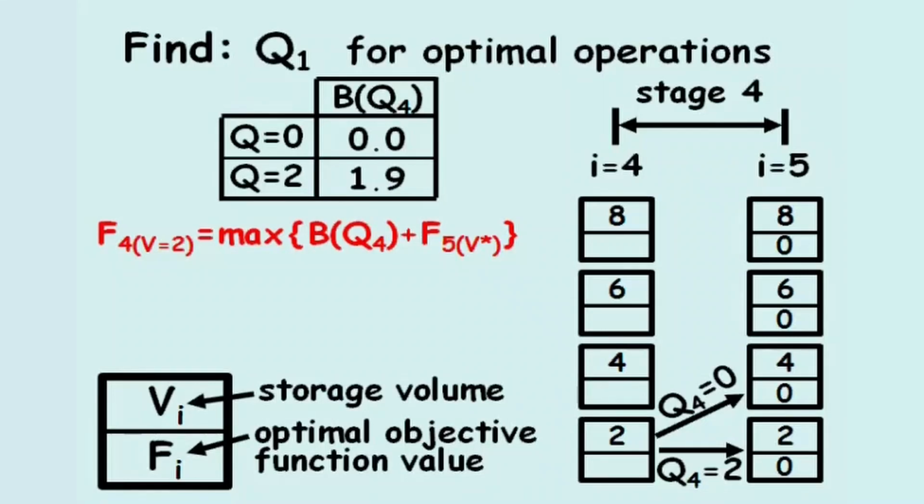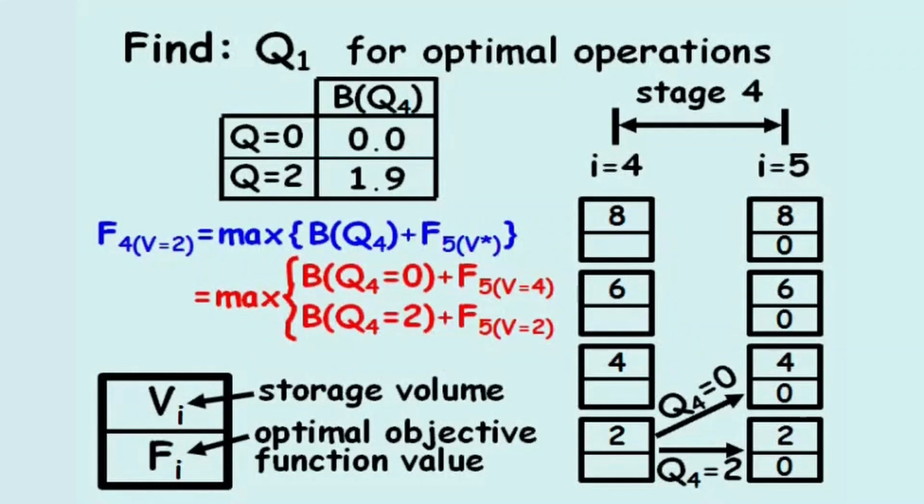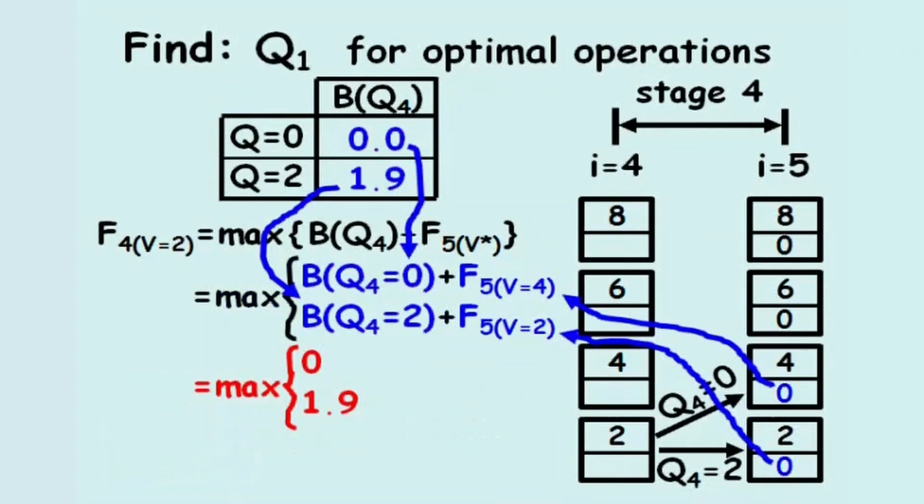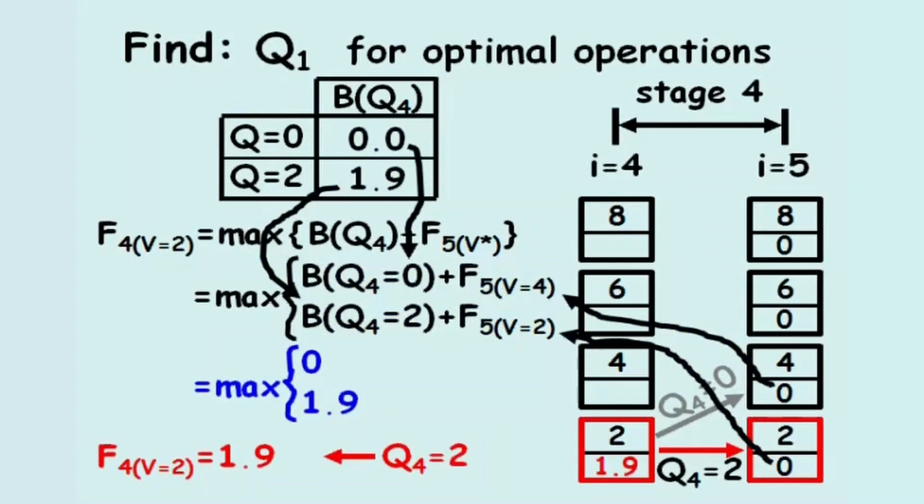After writing out the equation for the 2 possible releases and substituting in the benefits for stage 4 and the future benefits at state 5, the maximum benefit equals 1.9 when 2 units of water are released from the reservoir.